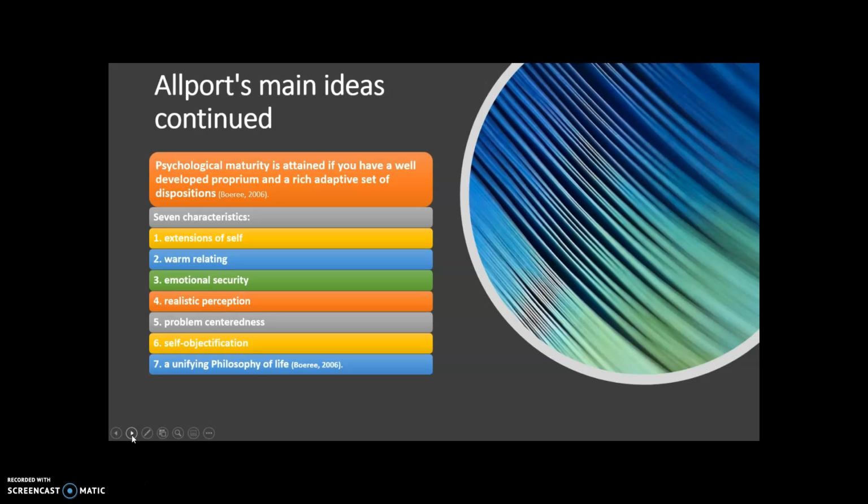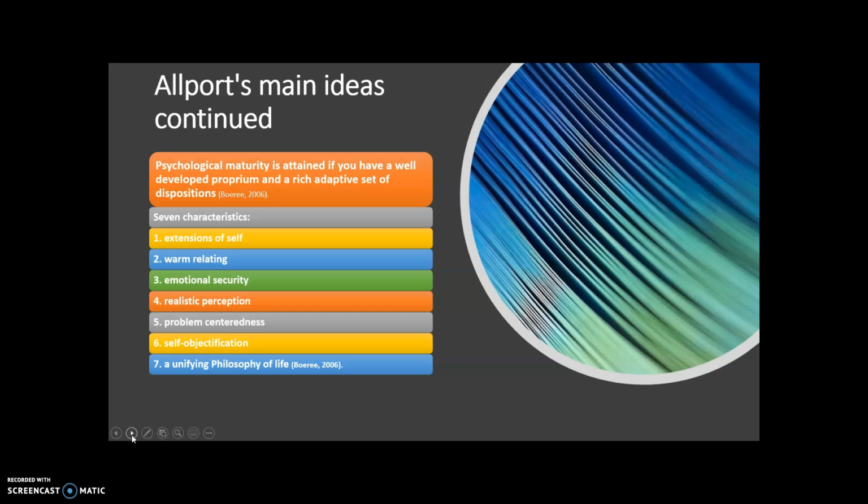And number 2, warm relating, to be able to relate to others with trust, empathy, genuine tolerance. And number 3, emotional security, being secure in ourselves and accepting of ourselves.